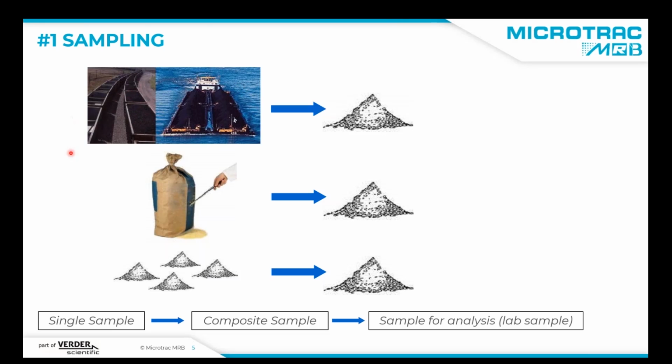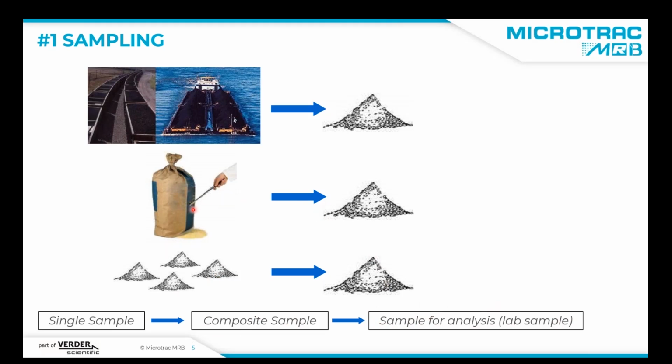And what you will usually do is you collect several single samples from different positions of the amount that you need to sample. And you unite these single samples into a composite sample, which will then be transferred into your laboratory as a lab sample.